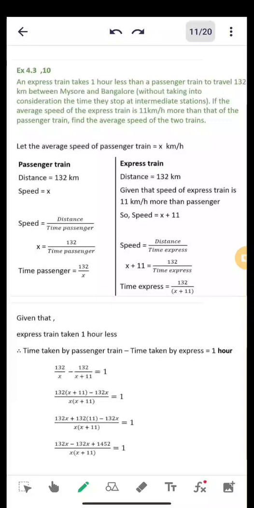This becomes 1452. 132x minus 132x gets cancelled. Cross multiplying it, we get a quadratic polynomial. Now when we cross multiply it, I get x square plus 11x is equal to 1452. Transposing this to the right, we get a quadratic equation.